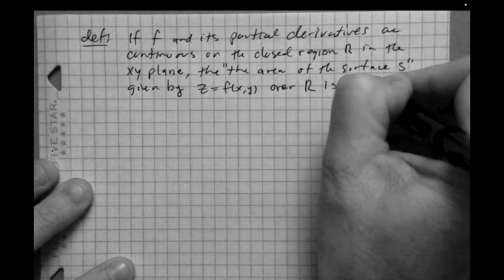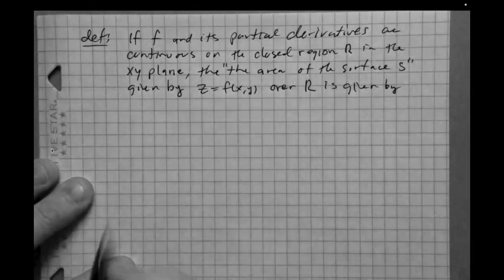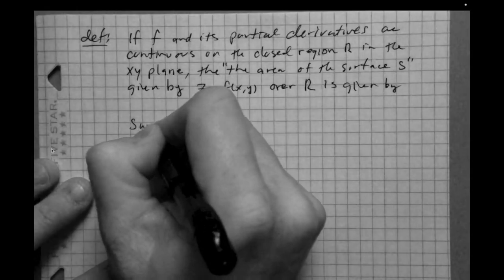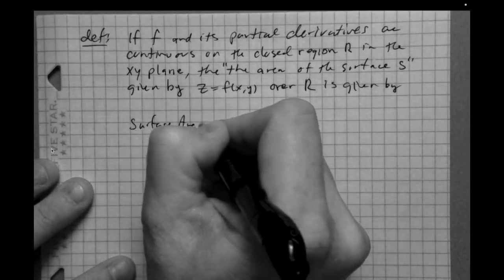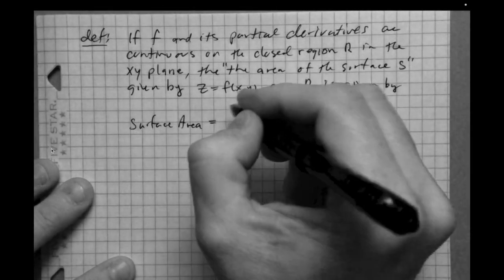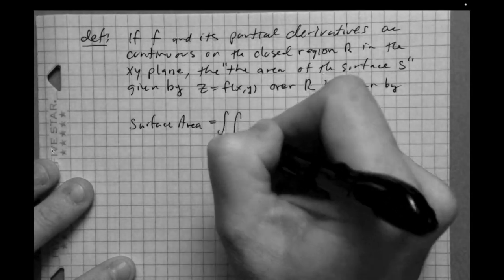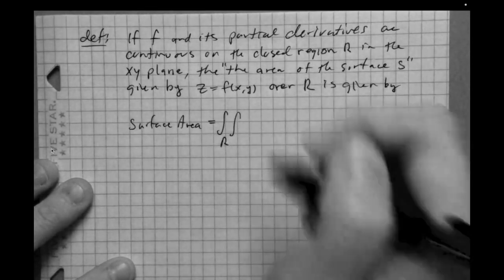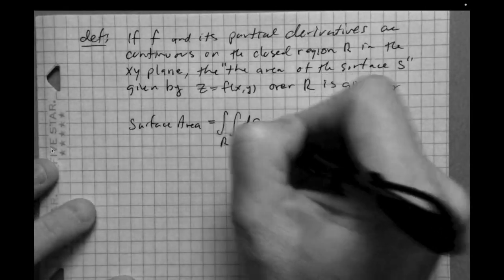is given by, right, and so it's a simple thing here, the surface area equals the double integral over the region dS, right?